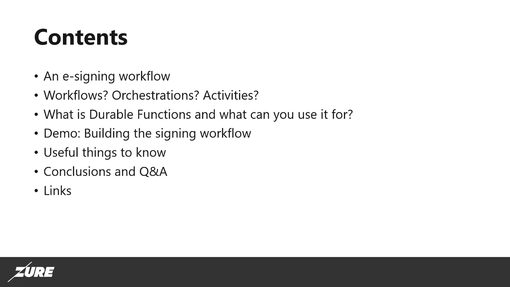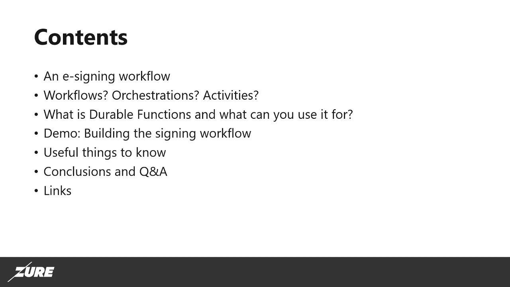During this presentation, we're going to be looking at what this electronic signing workflow looks like. If you've never electronically signed a document, you'll understand what the general flow is like. Then we'll clarify some of the terms that we're going to use a lot during this presentation, things like workflows and orchestrations.